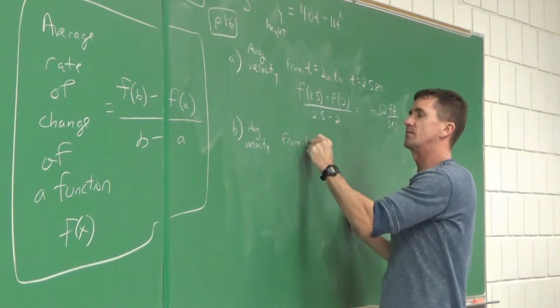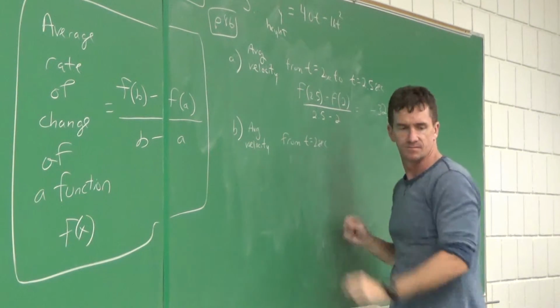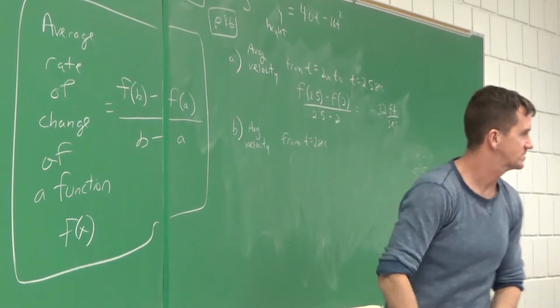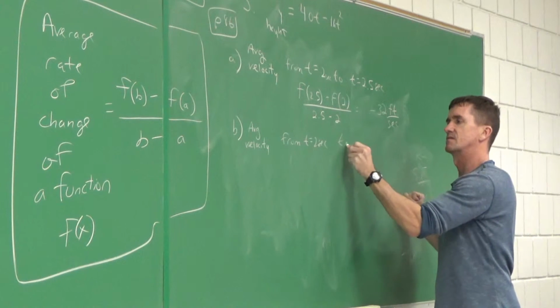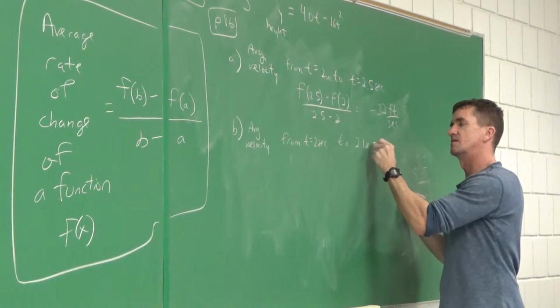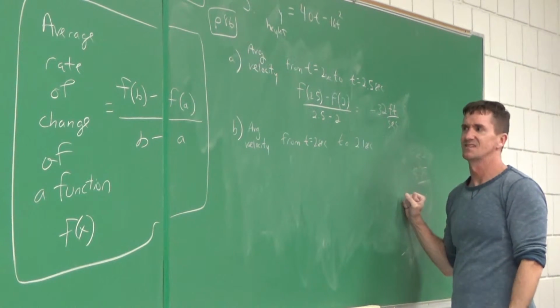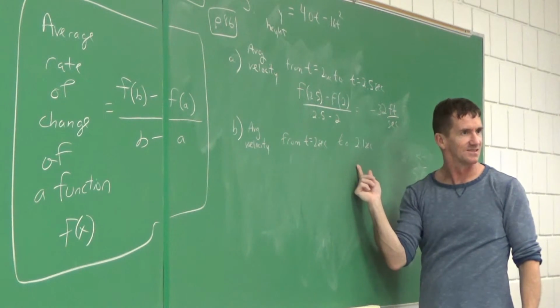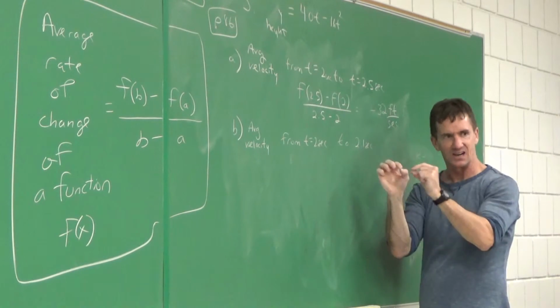In letter B, they go from t equals 2 seconds to how much? 2.1 seconds. Now, do you notice this was tighter? It was a tighter region.